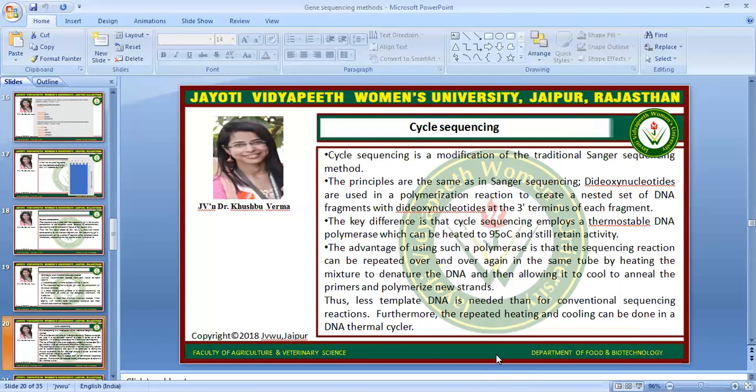The advantage of such a polymerase is that the sequencing reaction can be repeated over and over again in the same tube by heating the mixture to denature the DNA and then allowing it to cool to anneal the primers and polymerize new strands. Thus, less template DNA is needed than in the conventional sequencing reaction. Furthermore, the repeated heating and cooling can be done in a DNA thermal cycler.